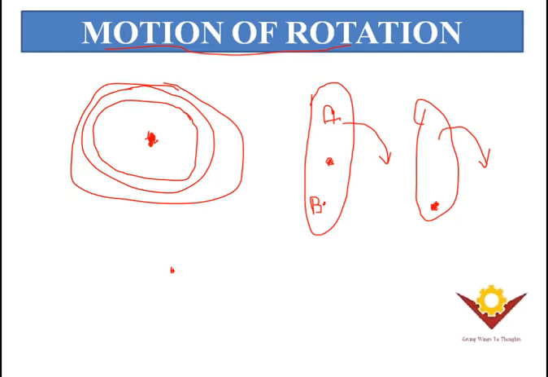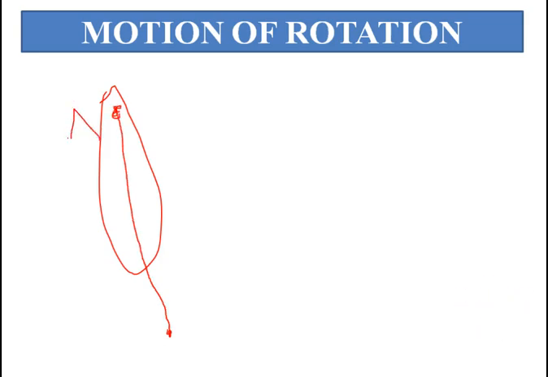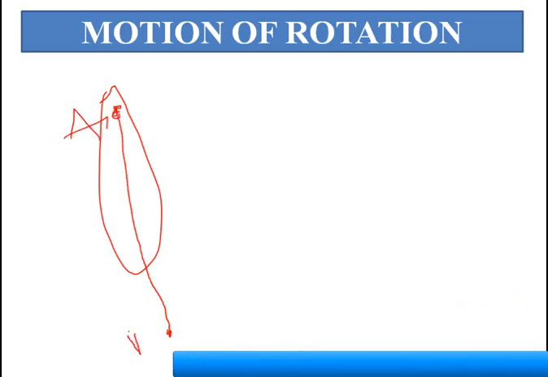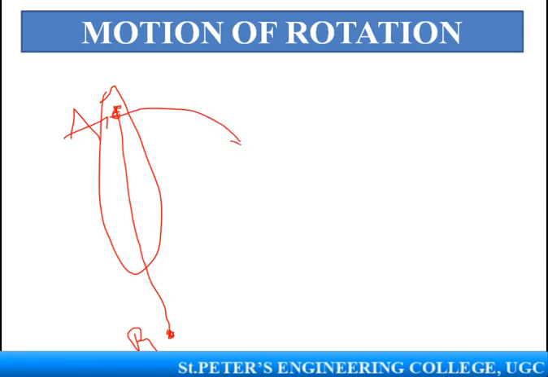This axis may lie inside your rigid body, or it may also lie outside the rigid body. If you take the point A here and the point B here, and this point is outside of your rigid body, the body will rotate like this about this fixed axis.